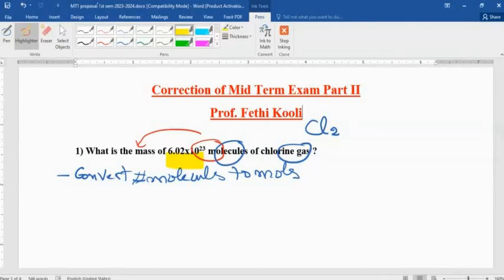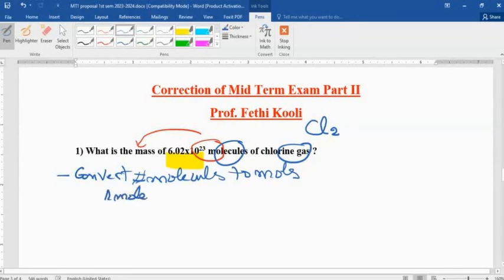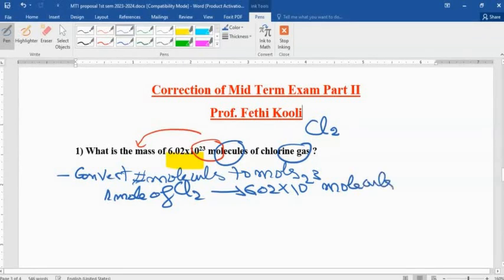Let's do it step by step clearly. Here I know that 1 mole of chlorine gas has 6.02 × 10^23 molecules of chlorine gas. How many moles do I have for 6.02 × 10^23 molecules of chlorine? It will be X, and X will be equal to 1 mole, because it is the same number.